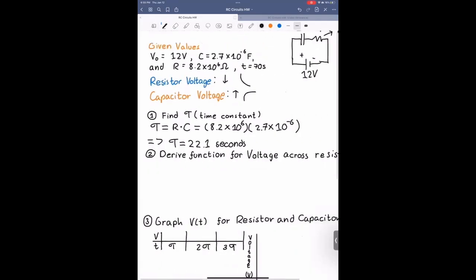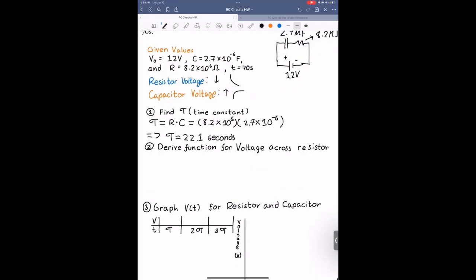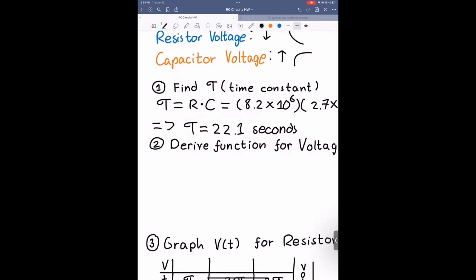All right, the second thing we should do is derive a function for the voltage across the resistor as it varies with time. If you look at your handy dandy data booklet, you see that the voltage across a resistor or a capacitor over time is given by the equation V equals V sub 0, which is the initial voltage, times e to the power of -t over tau.